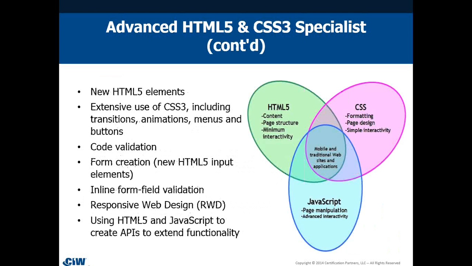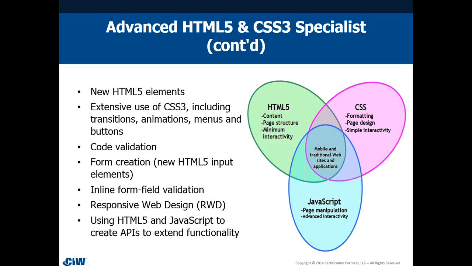HTML5 and CSS3: it was several years ago that the W3C said HTML5 is going to be the only focus for the next generation of HTML. We went off for a while. It was going to be XML, and we were going to bridge the gap between HTML and XML by using XHTML, and that was our standard for a long time.